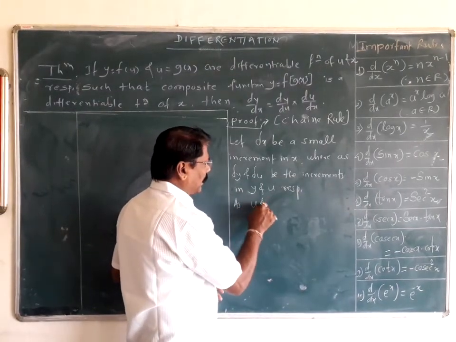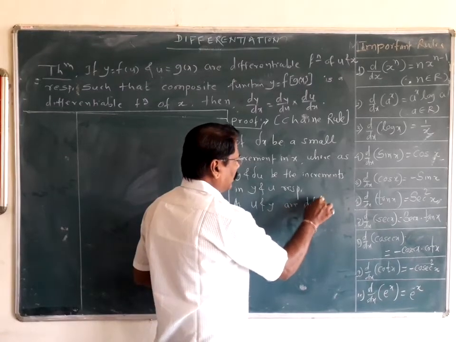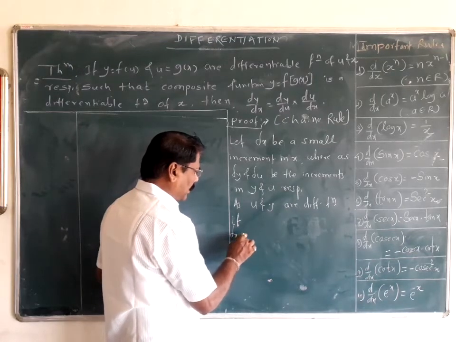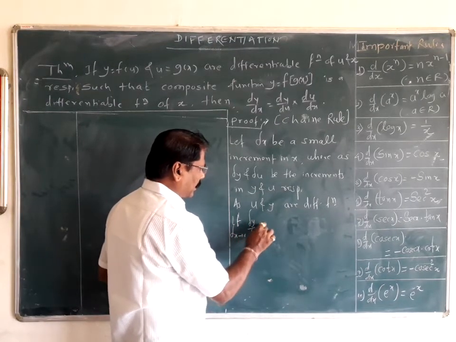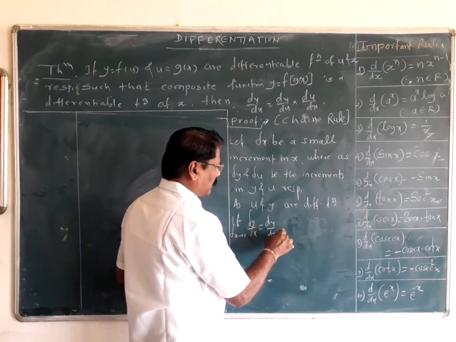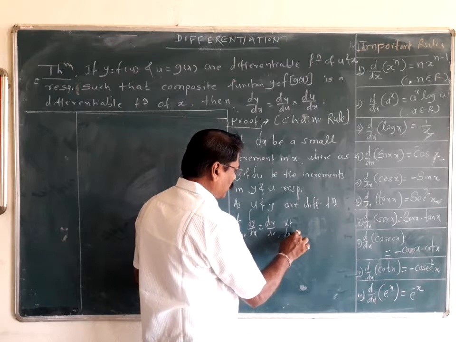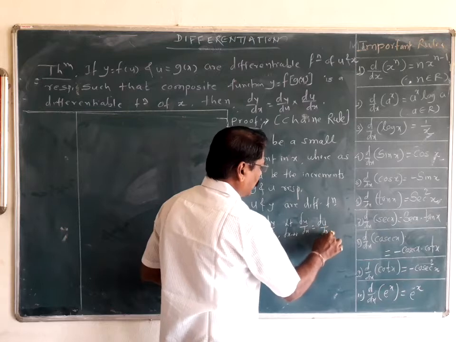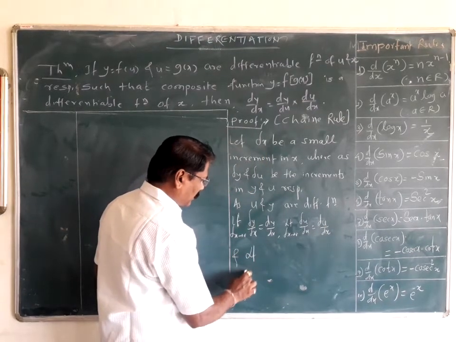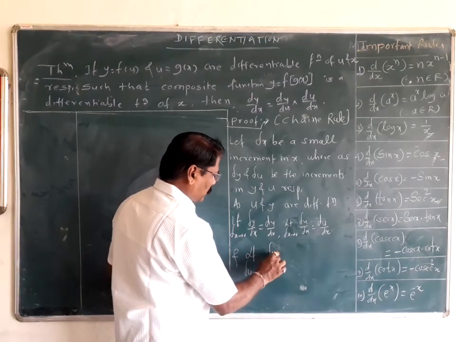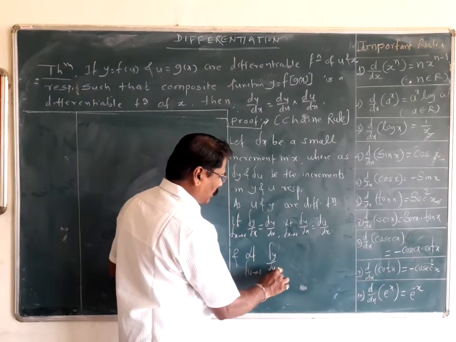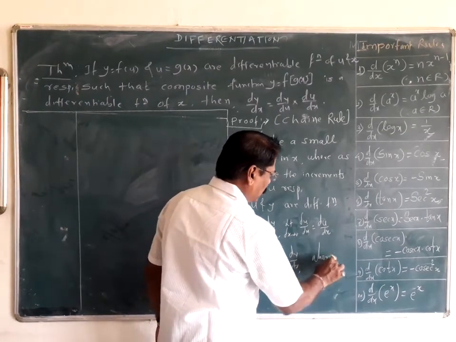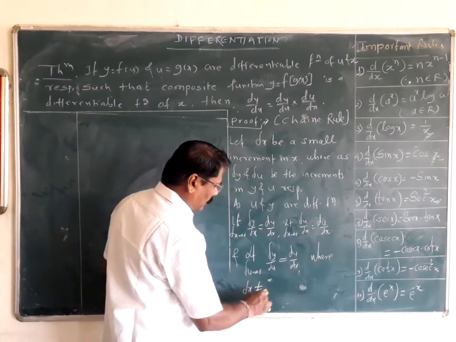As u and y are differentiable functions, limit delta x tends to 0, delta y by delta x is dy by dx. Limit delta x tends to 0, delta u by delta x is du by dx, and limit delta u tends to 0, delta y by delta u is equal to dy by du, where none of them is equal to 0.